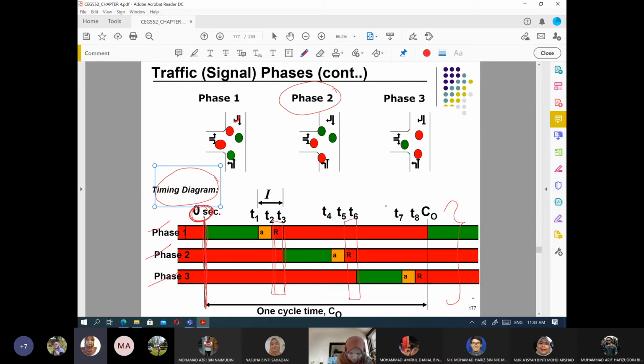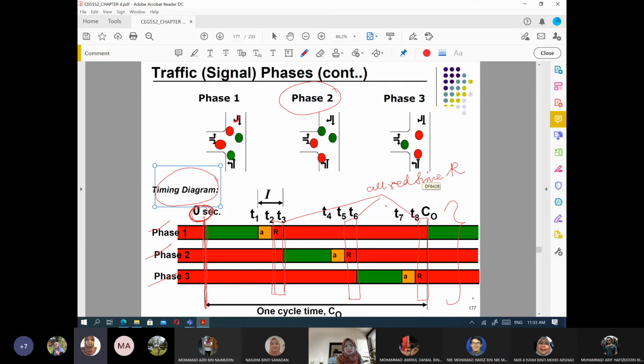Yang ni pun ketiga-tiga fasa ni merah. This situation we call as all red time. Kalau dia kena buat tulisan cursive all red time. Betul. All red time. This is capital R. All red time.